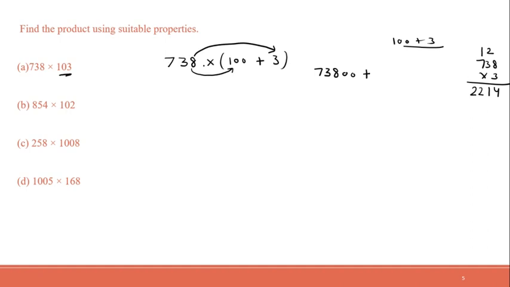So if I multiply 738 with 3, I'll get 2214. Now we will just add 73800 and 2214.